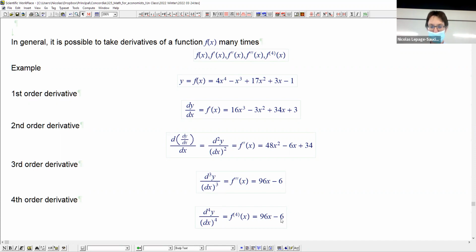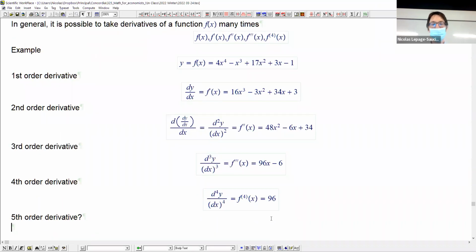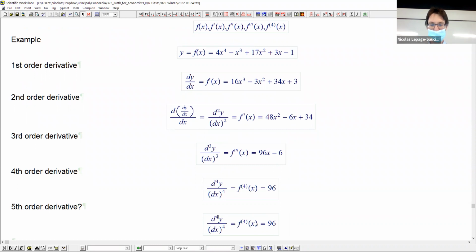Okay, so am I good? Oh yeah, so this is just 96. And then what's the fifth order derivative? What would I get? 0. So d5y over dx5 equals f5(x) equals 0.